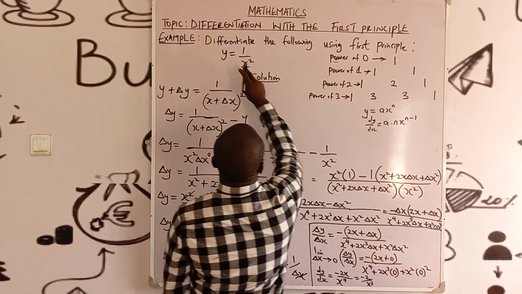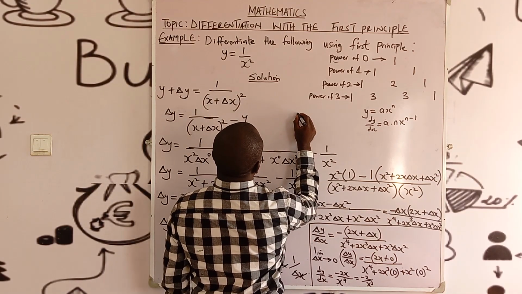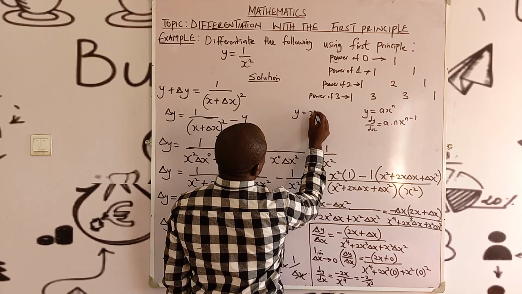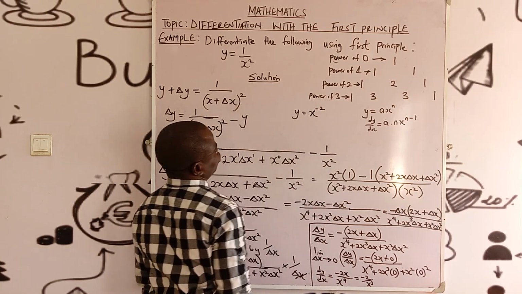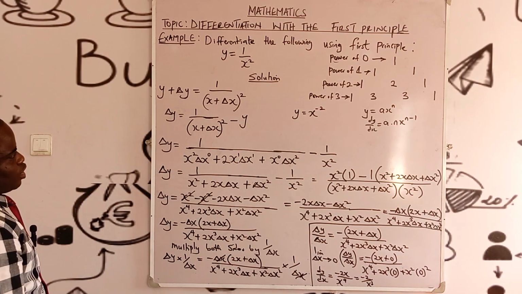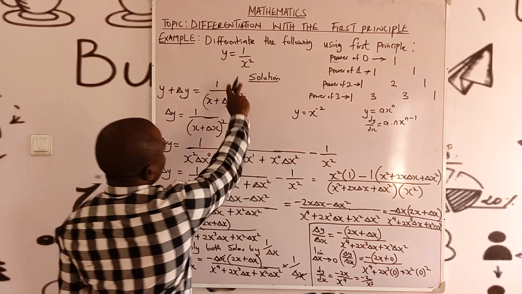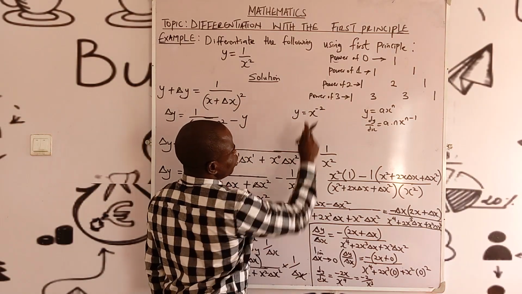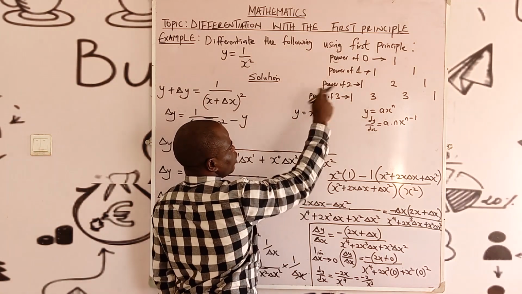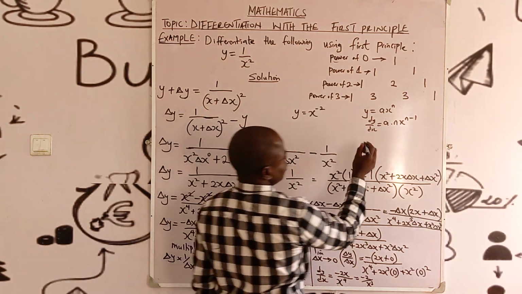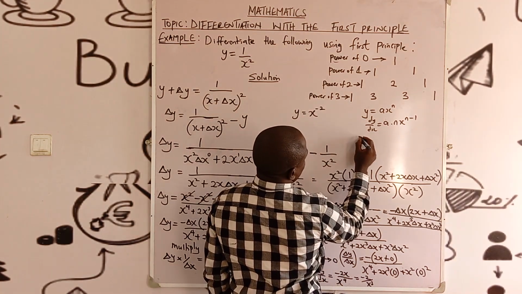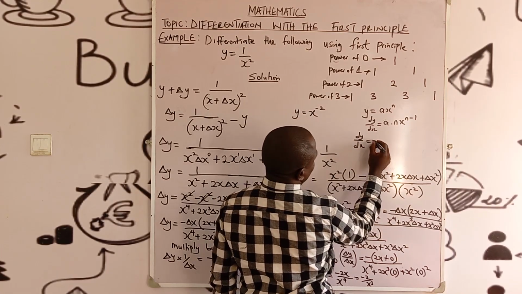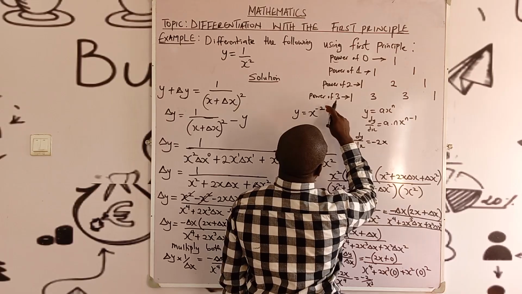Let's follow that. Now this one can be written as y equals x raised to power minus 2. When you remove the reciprocal, you introduce minus 2. The 1 over will disappear because you have introduced negative. Now let's differentiate this. dy over dx equals minus 2 comes to the front, minus 2 times.